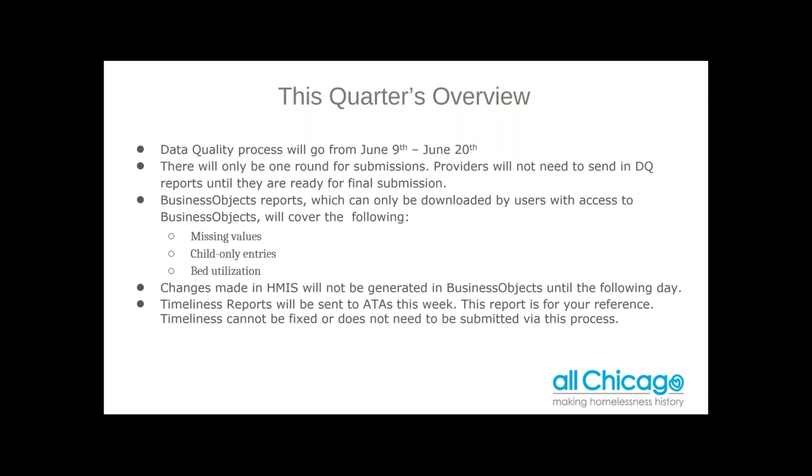Within the data quality report, it's only going to pull in clients with a date of engagement, because based on HUD reporting, when it comes to street outreach, the only clients being reviewed for data quality consistency are the clients that have a date of engagement. If they don't have a date of engagement, there's no expectation for data quality.